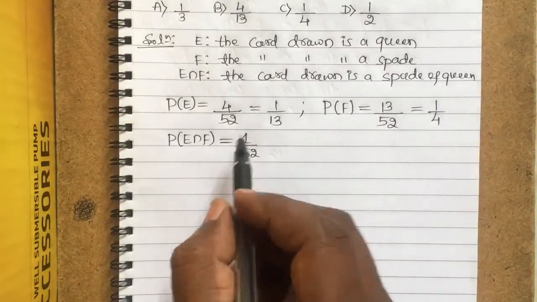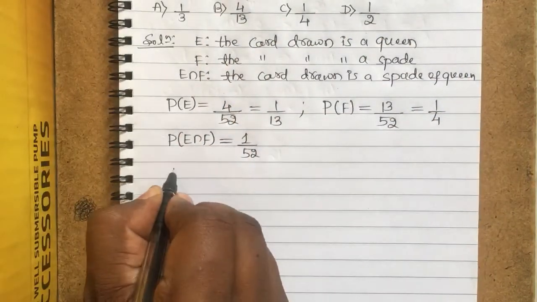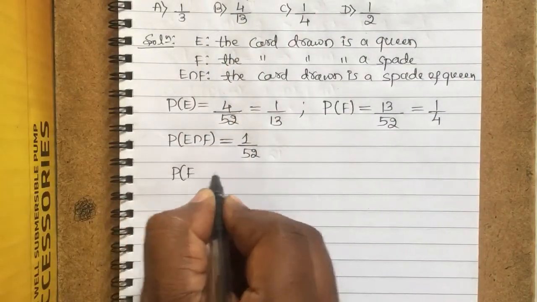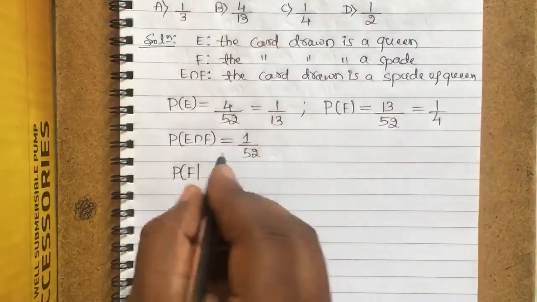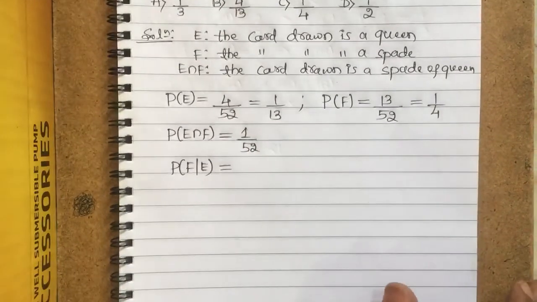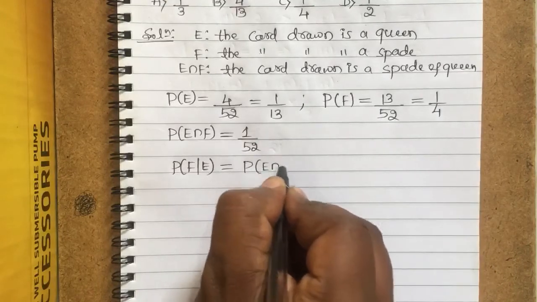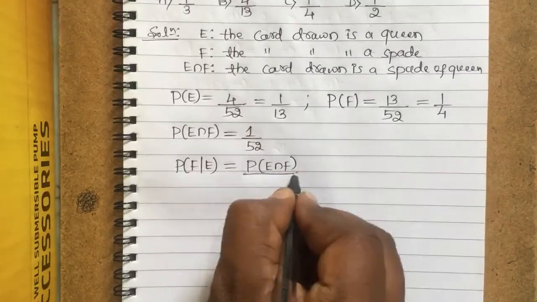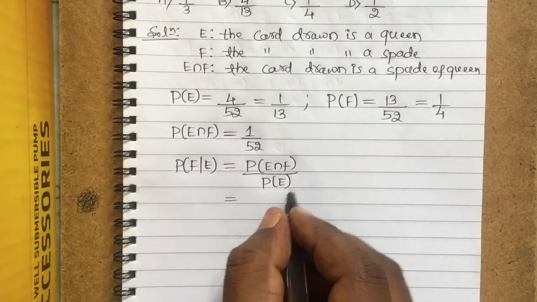So what do we have to find now? What is the probability that it is a spade? Here, given that the picked card is a queen, we have to find P of F given E, which is equal to P of E intersection F divided by P of E. So substitute the values now.